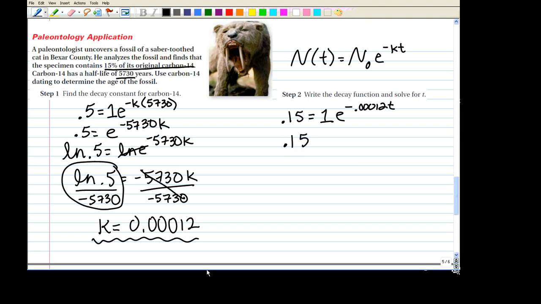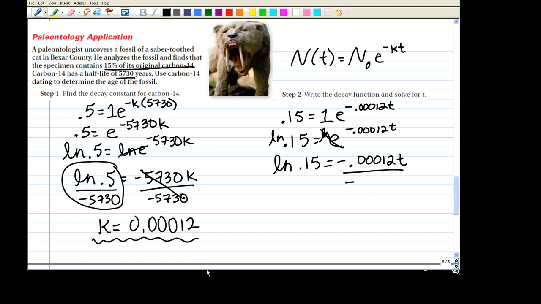So again, if we just want to simplify this a little bit so it's not so scary, taking out the 1 doesn't really change anything. Anyways, let's go ahead and take the ln of both sides, just like we did before. We're following the same process. ln of 0.15 equals, so whenever we take the ln of both sides, the ln and the e will cancel. And we'll just be left with negative 0.00012 times t.